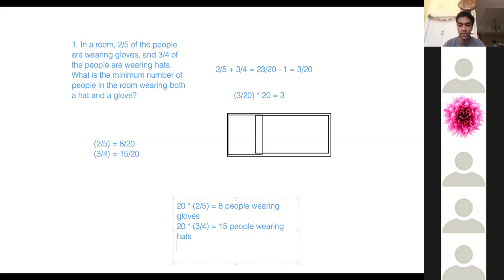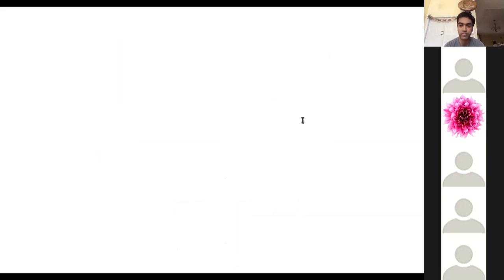And the overlap then, there's 20 people total, 15 wearing hats, 8 wearing gloves. So exactly 3 of them are wearing both. Does this make sense? Any questions? Okay, let's move to the second one.